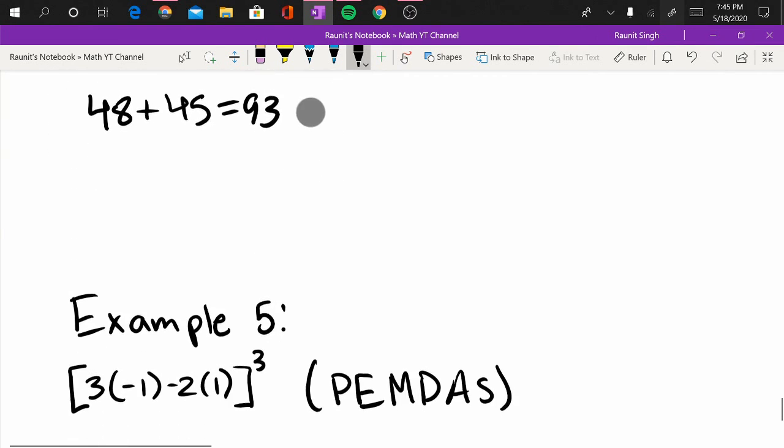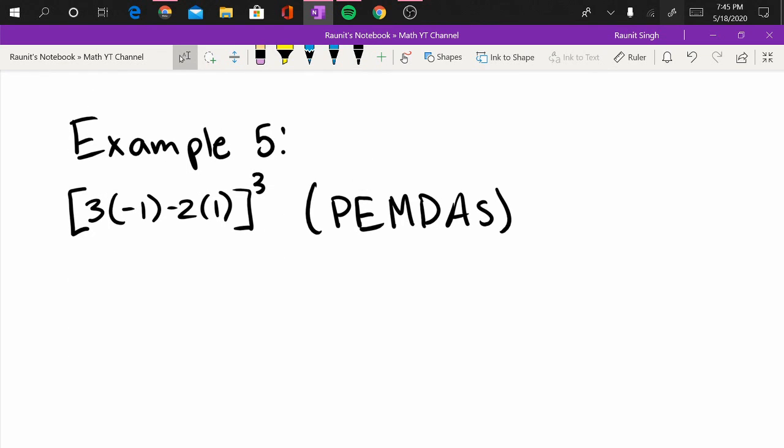Alright, let's move on to our next example. So in this one, we have to use PEMDAS. PEMDAS is very important in order of operations, and right now that's what we're working on. So we have parentheses this time. These are the parentheses.